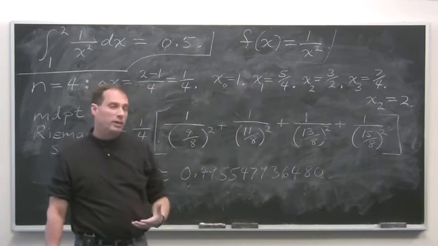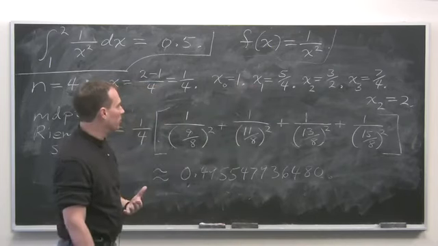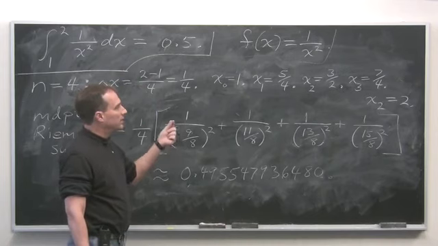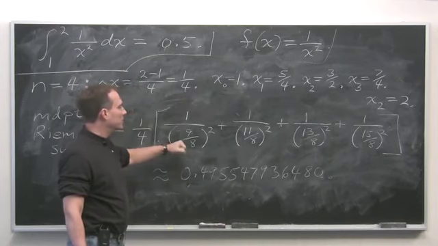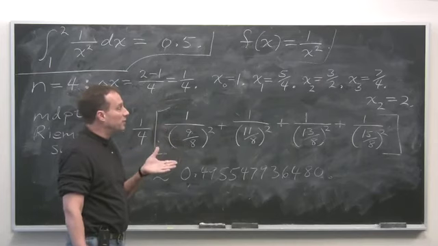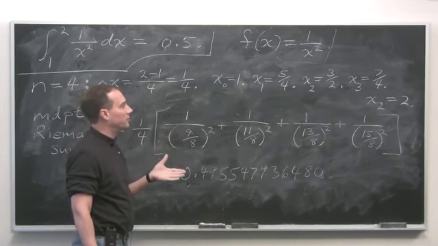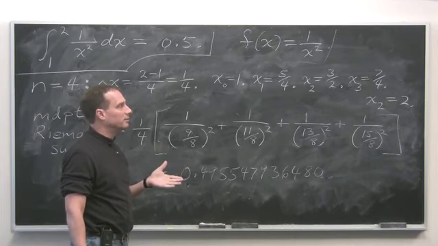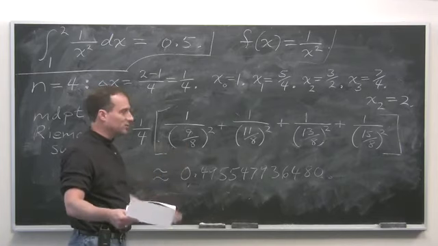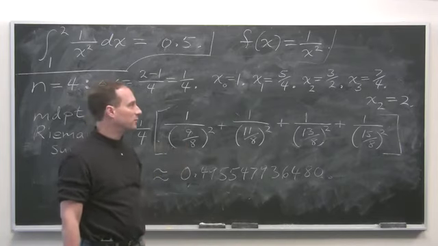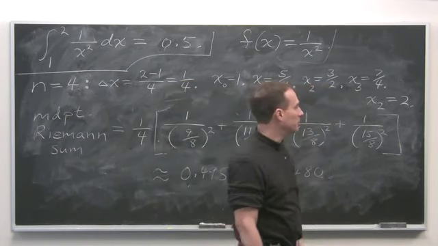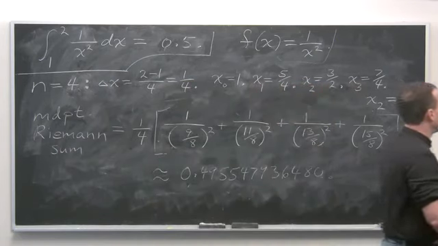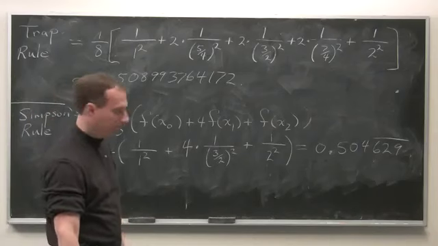So that's the only advantage really to the trapezoidal rule, that it actually uses the endpoints of the given subintervals, and the midpoint Riemann sum uses the midpoints. If you didn't have the values of the function f at the midpoints, but you had them at the ends of the subintervals, then you could approximate with the trapezoidal rule, and you couldn't approximate with the midpoint Riemann sum.